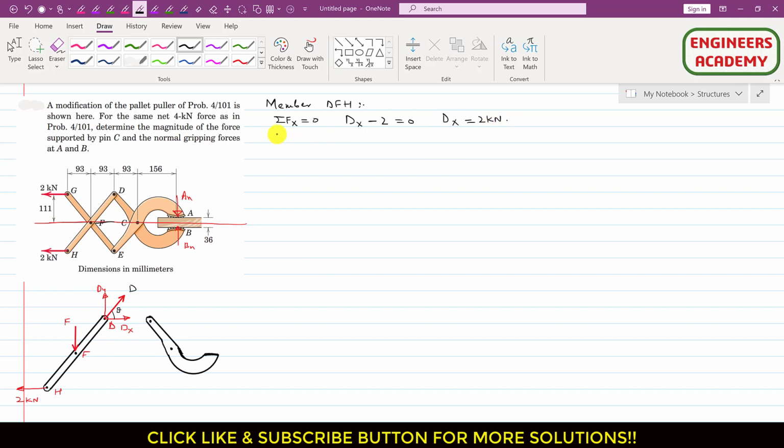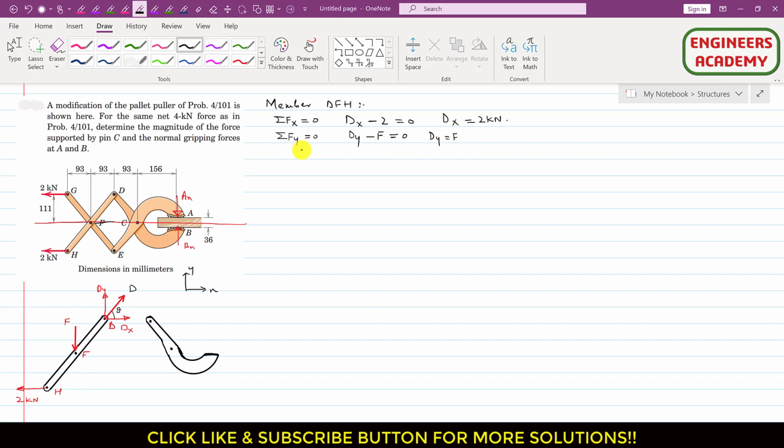Similarly, if I apply the summation of forces along y equals 0, as we can see, this Dy is acting in the positive y direction. This is my positive x and y direction, remember. So Dy is acting in the positive y direction, and this F force is acting in the negative y direction, so I will write minus F. This will be equal to 0, so we can say that Dy is equal to F.